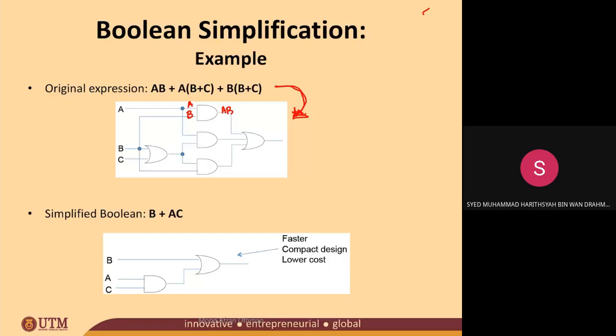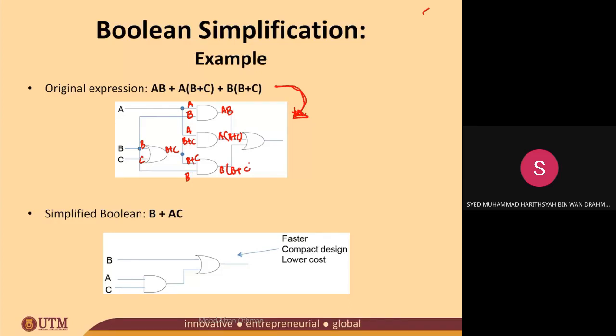And next, you need to add first B plus C. So here you have A times B plus C. And then the last one is B plus C. So maybe you can do it in order, step by step, to derive it, or to draw the circuit diagram.